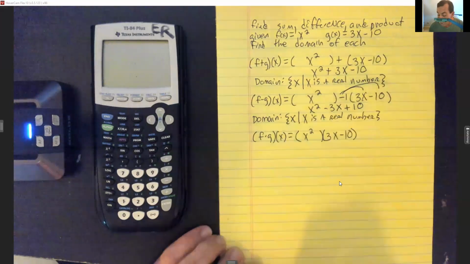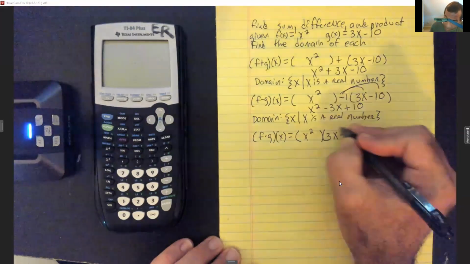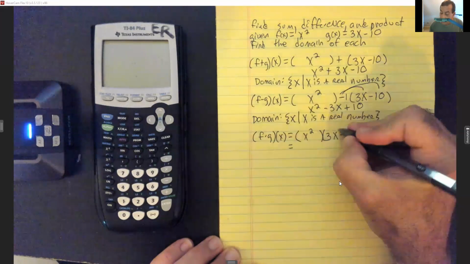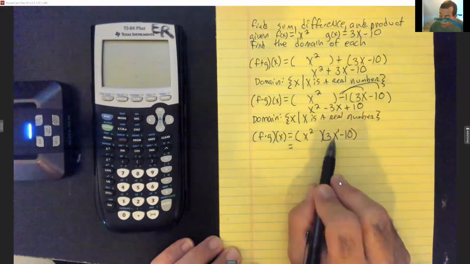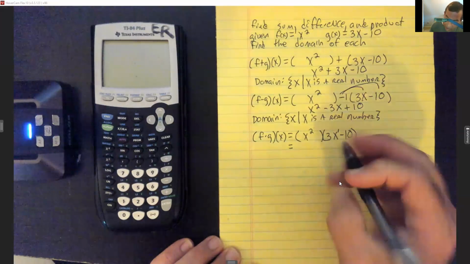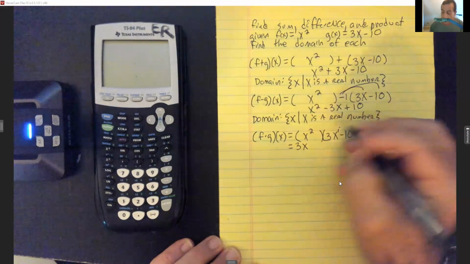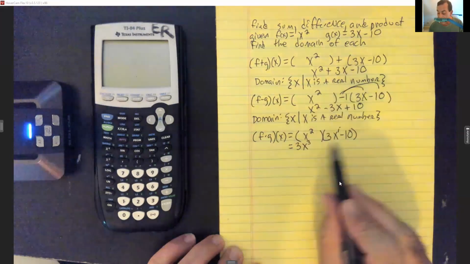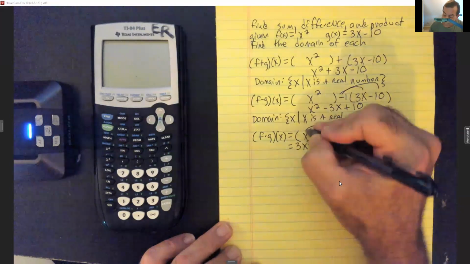So anytime you got one thing times two things, you got to distribute. So remember that x has a 1 there because I'm going to multiply variables. X squared times 3x is a 3x cubed. 2 plus 1 is 3. So the variables, you got to add the exponents. And then you take that x squared times -10.